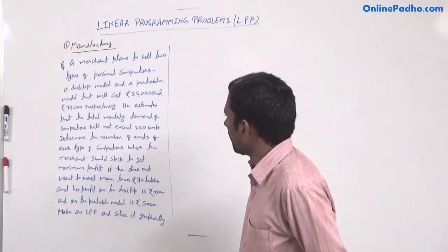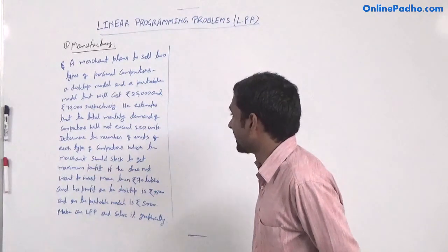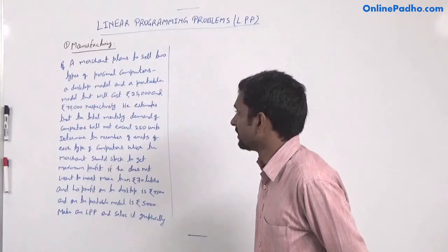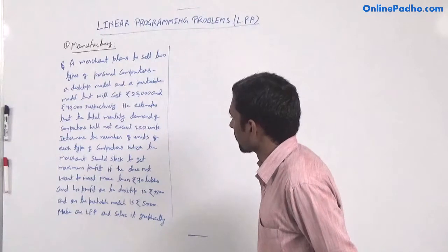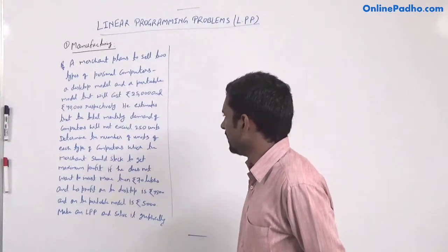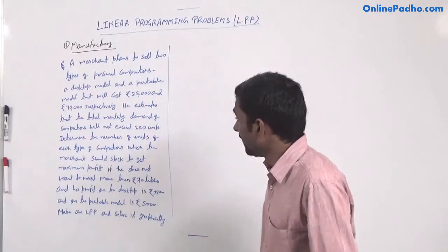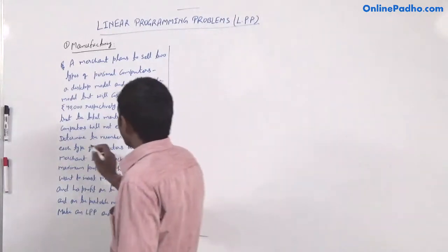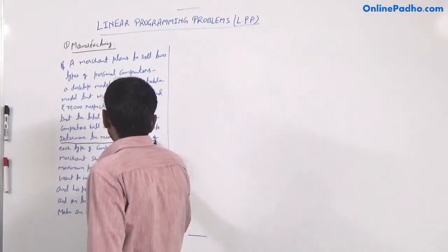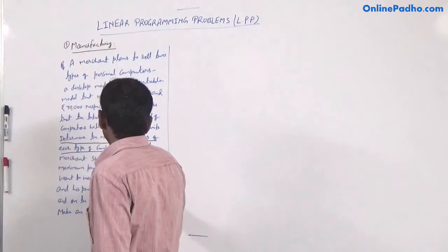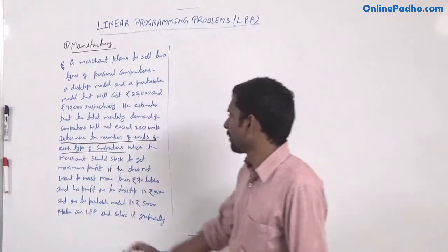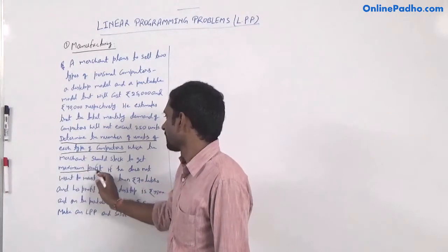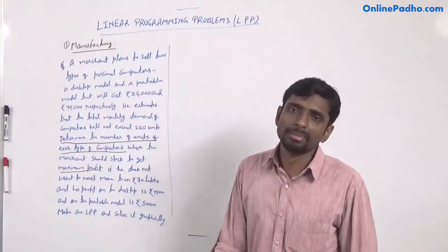He estimates the total monthly demand of computers will not exceed 250 units, altogether both desktop and laptop. Determine the number of units of each type of computers which the merchant should stock to get the maximum profit. Everything clear from these two lines?